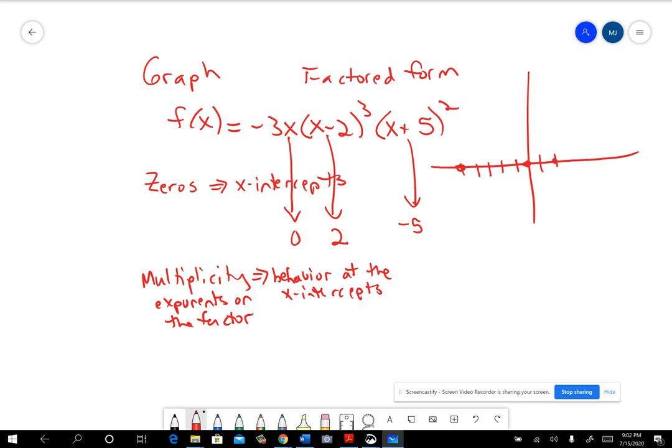So do you see how the 0 had an exponent of 1, x minus 2 had an exponent of 3, and x plus 5 had an exponent of 2?